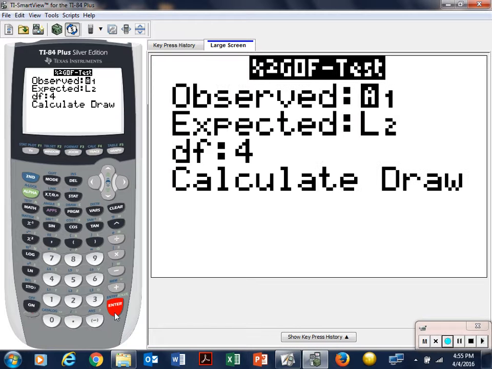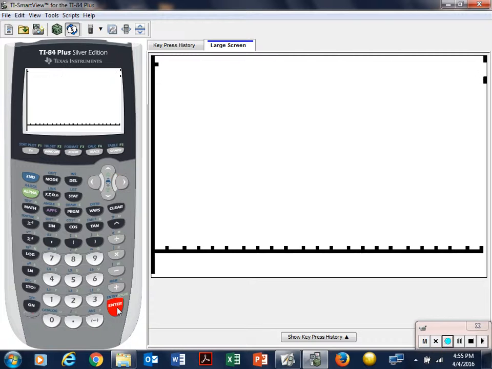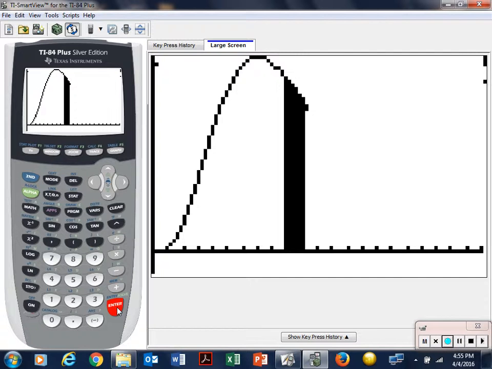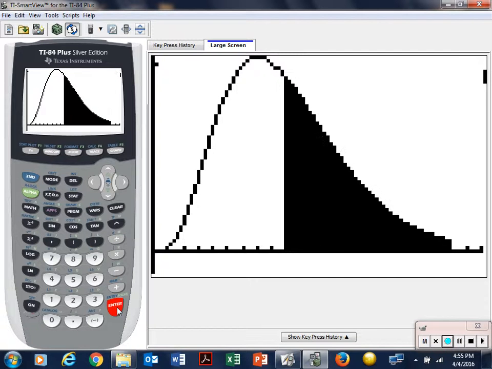Again, I had to put the observed in list 1, the expected in list 2. My degrees of freedom is 9. And I'm just going to go ahead and draw this one. And you'll see almost half of the graph is going to be shaded. There it goes. That is not significant at all. So there's no evidence to refute the hypothesis.